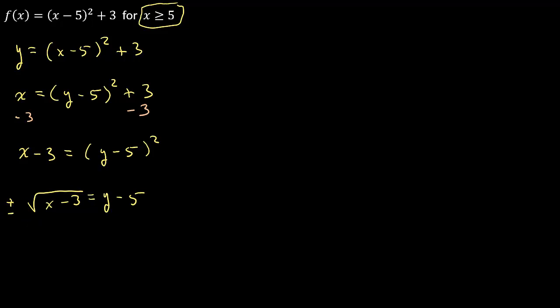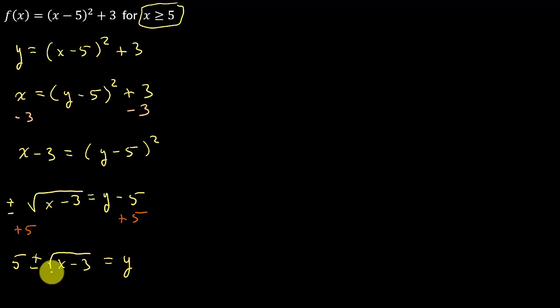Then we add 5 to both sides, which gives us 5 plus or minus the square root of x minus 3 is equal to y.